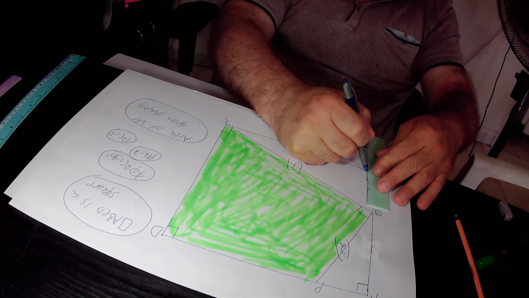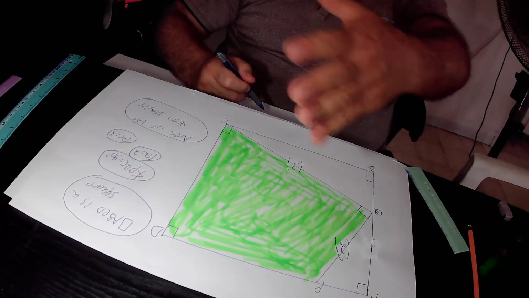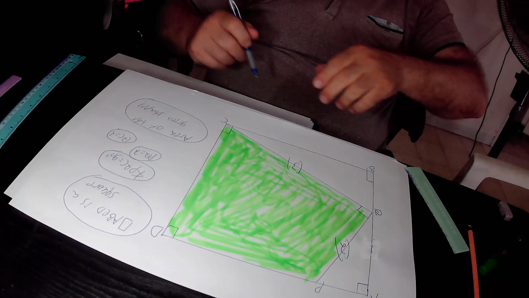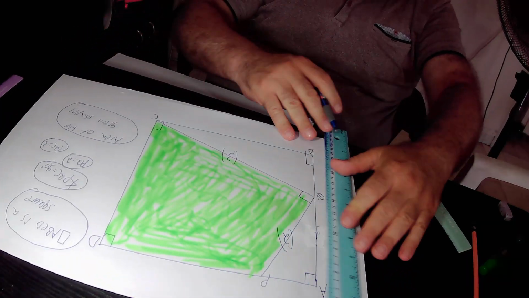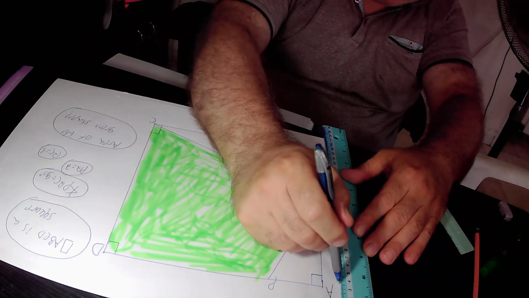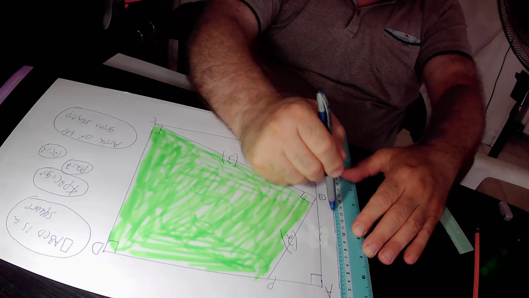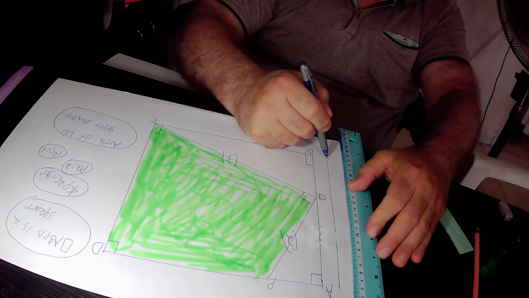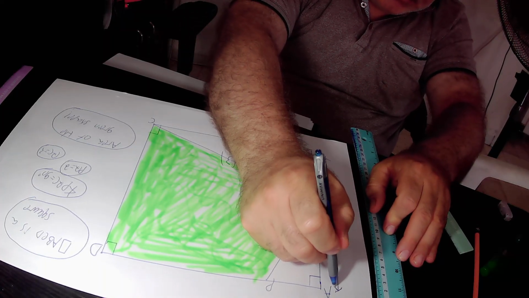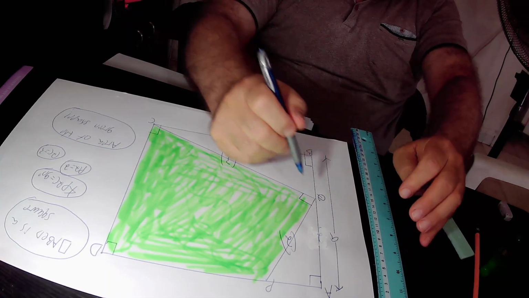And we also know that all the sides of any square are equal to each other. So we define one side of this square as A, and so all the other sides must also be equal to A. So this is side AB of square ABCD, and the length of side AB is equal to A units according to our definition.